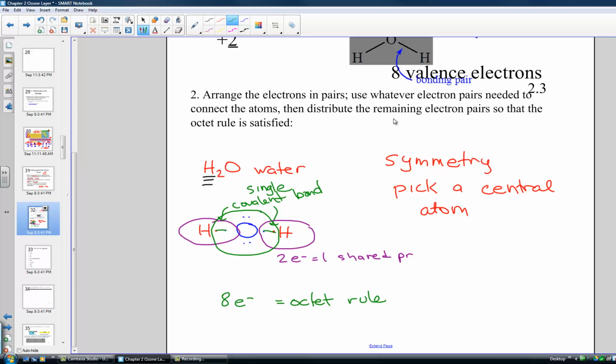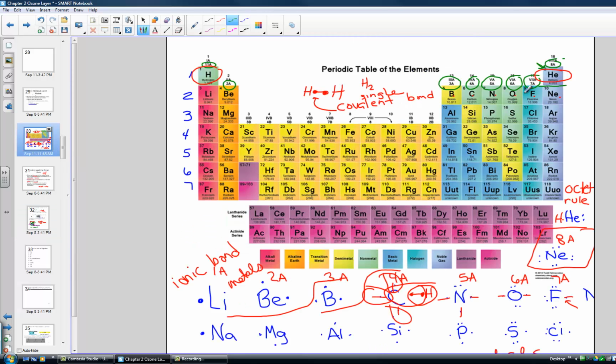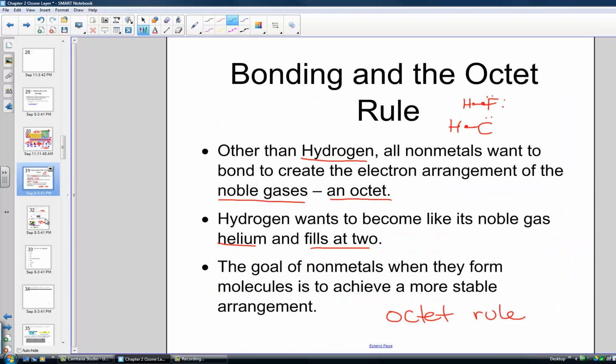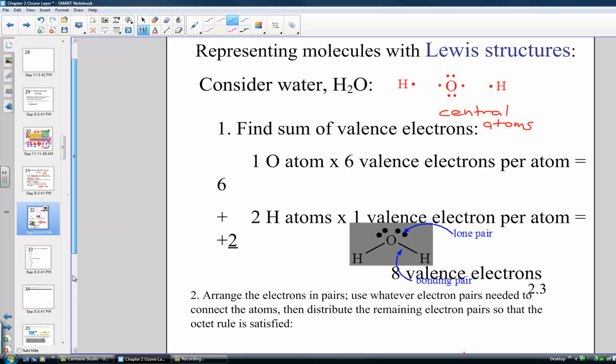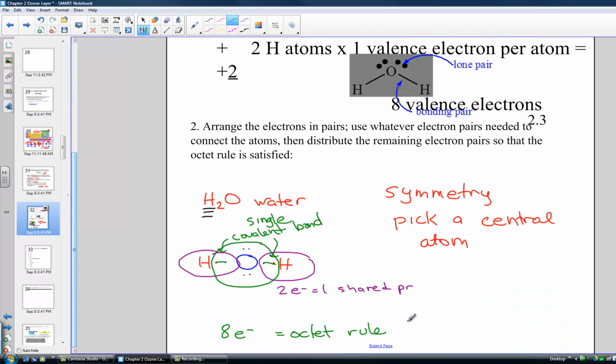Oxygen's noble gas that it just configured for is neon, number 10. By sharing pairs of electrons, we've satisfied the octet rule. Oxygen has 8, and each of the hydrogens has 2 electrons in a water molecule.